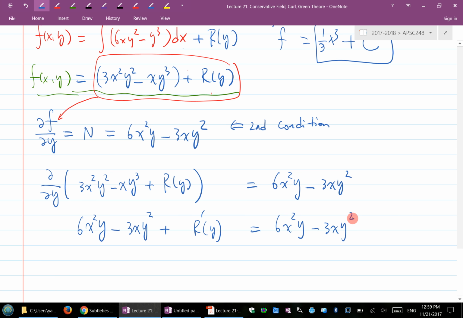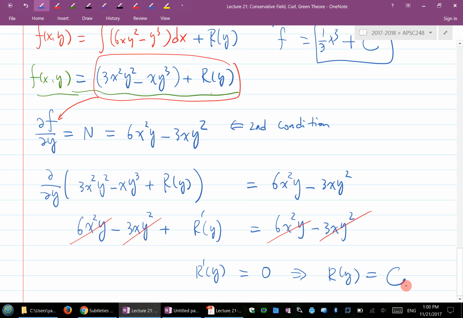Now you compare the left and right, and it's so clear that you cancel these two terms, and you're left with r prime of y equal to 0. So what does r prime of y equal to 0 mean? This function of y, r of y, has got to be a constant.